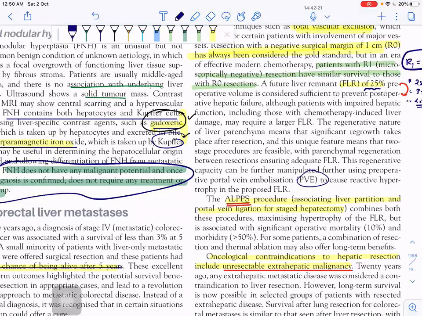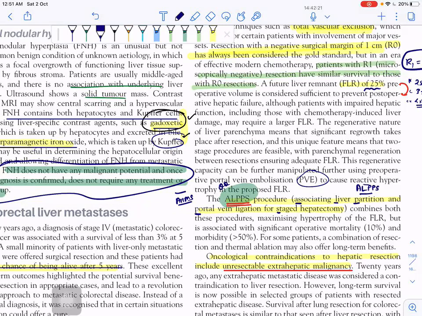Another expected MCQ is what is ALPPS. They will just ask the full form. This was already an AIIMS question; in the AIIMS gastro examination they ask only the abbreviation. ALPPS is associating liver partition and portal vein ligation for staged hepatectomy.